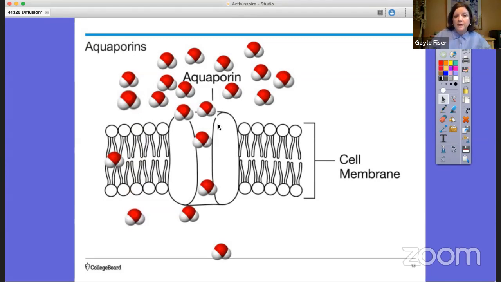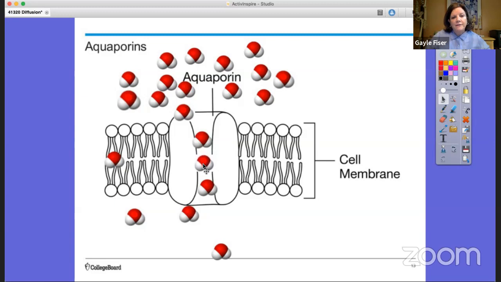So you must have aquaporins enabled to go from a high concentration gradient to a low concentration gradient of water, okay? Or you could say high free water to low free water, or high water potential to low water potential.